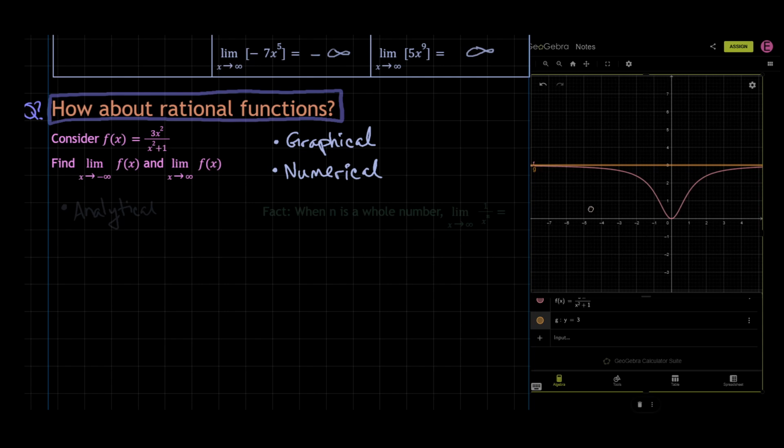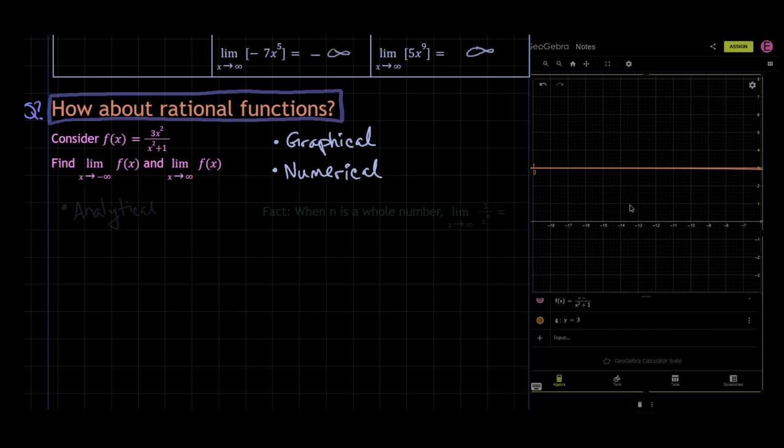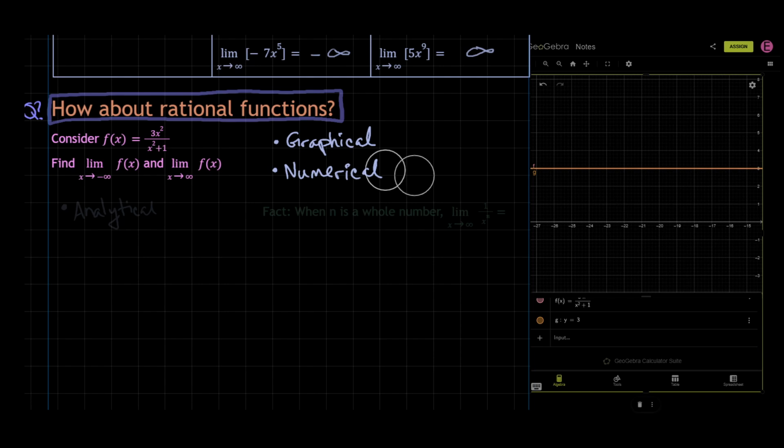And that seems to be happening in both directions. Okay? So let me make a note of that. The graphical approach makes it look like we have a horizontal asymptote, y equals 3.